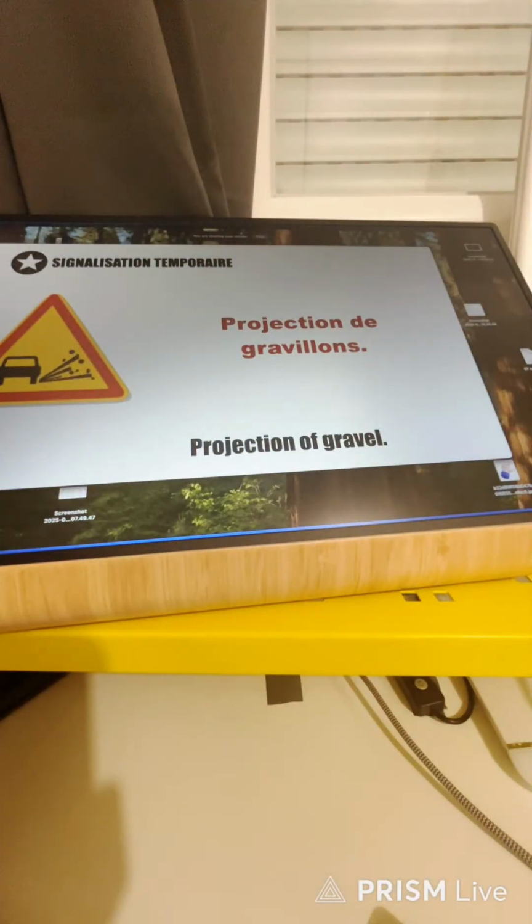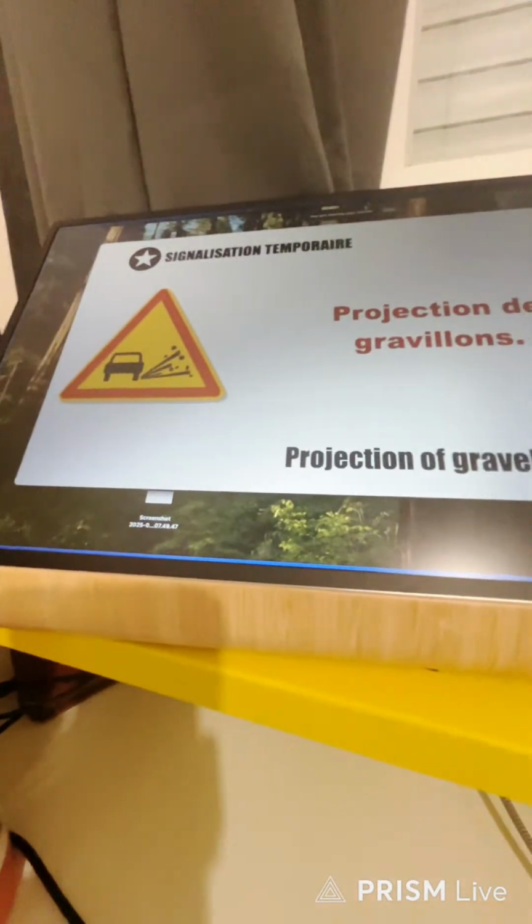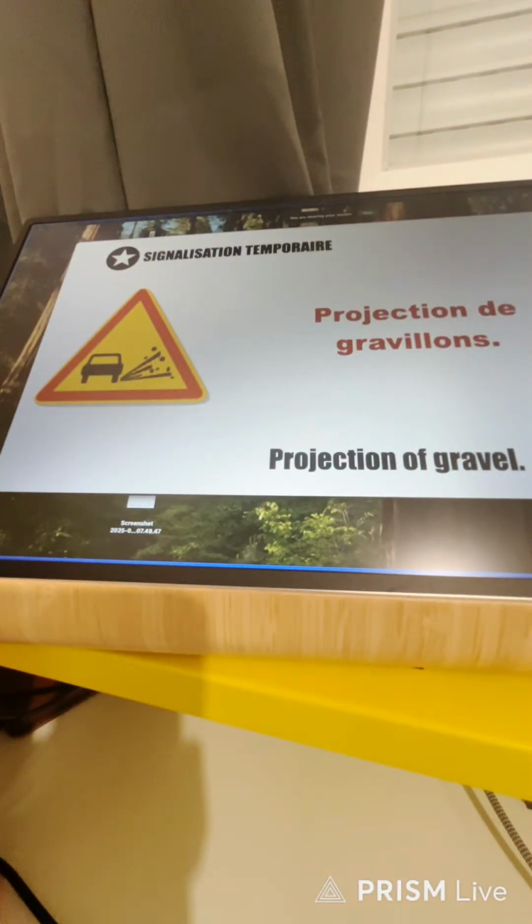The next panel is called projection de gravillon. What does that mean? It means I have to slow down because it is possible that there are stones on the road, and if a car drives over the stones, they can splash them on somebody.